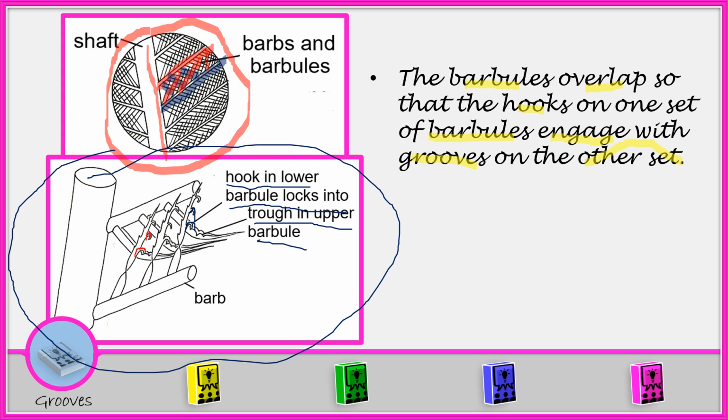Now those hooks are going to lock in the grooves. Down here we have the troughs, which we are calling the grooves. So you have the grooves down here where the hooks are going to lock themselves. So the barbules will overlap and the hooks on one set of the barbule are going to engage with the groove on the other one and they will interlock.